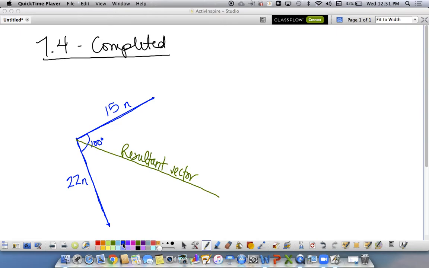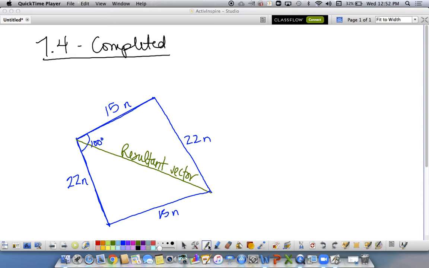No, it doesn't. But if I draw a vector that is 22 newtons on this side and a vector of 15 units on this side, I'll erase the last little bit of my green, kind of make them connect. What is the resultant vector? Meaning, what is the diagonal? What's the length of the diagonal?